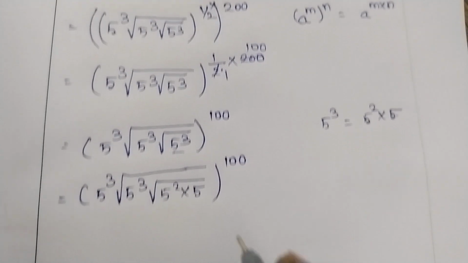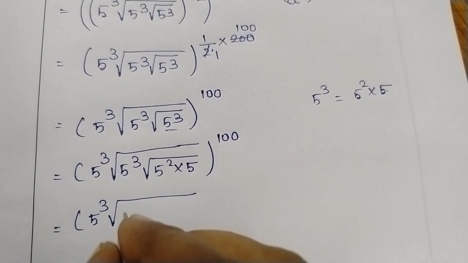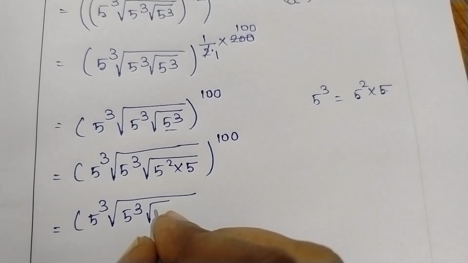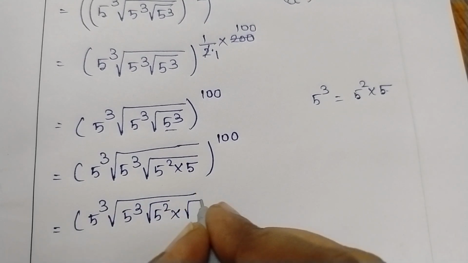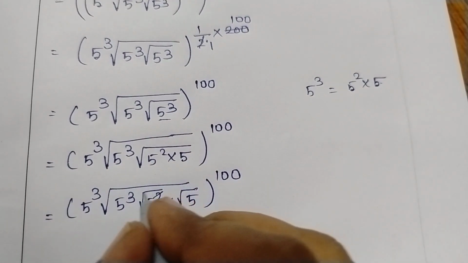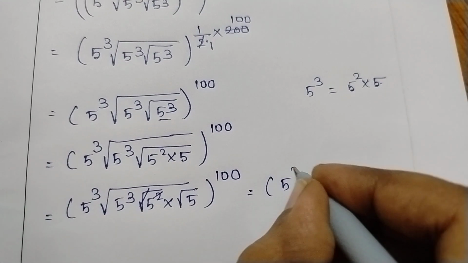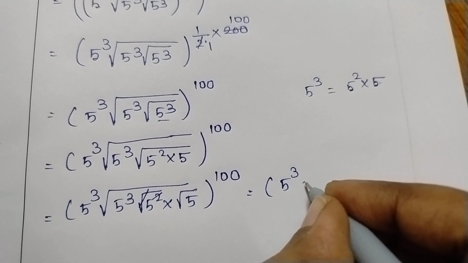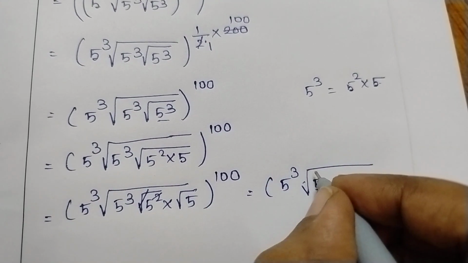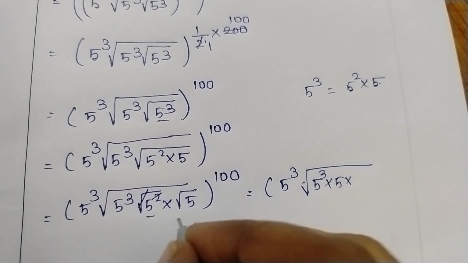This can also be written by splitting, so inside 5 square into root 5, the whole power 100. This square and this root get cancelled. Therefore this becomes 5 cube root of 5 cube into 5 into root 5.